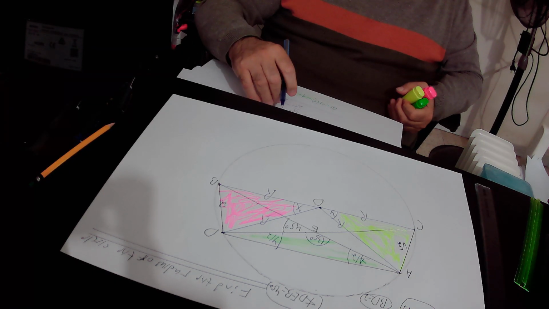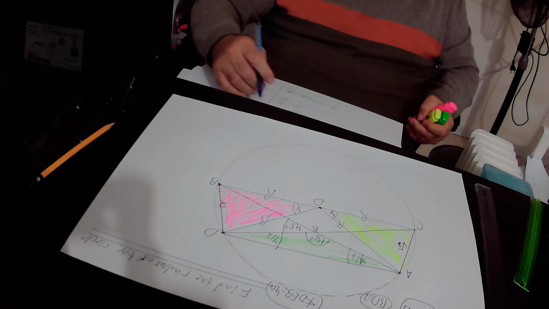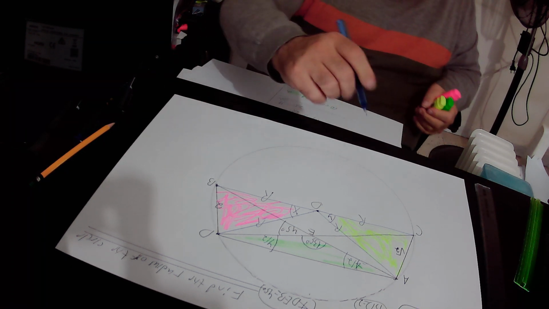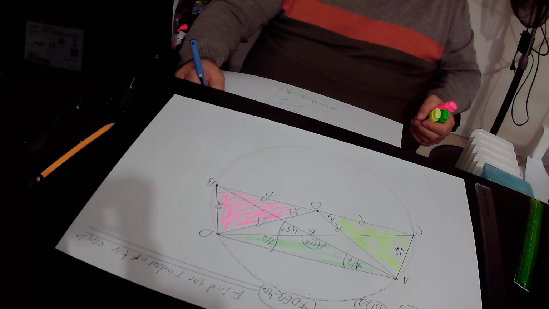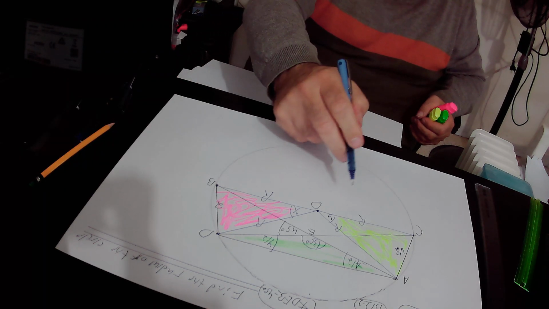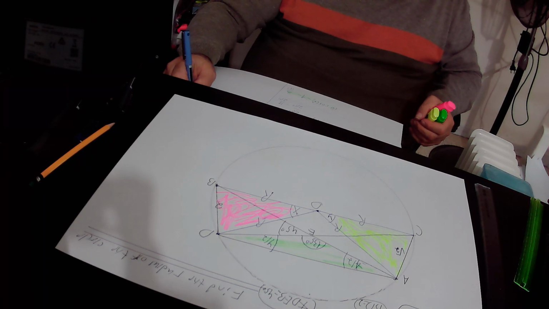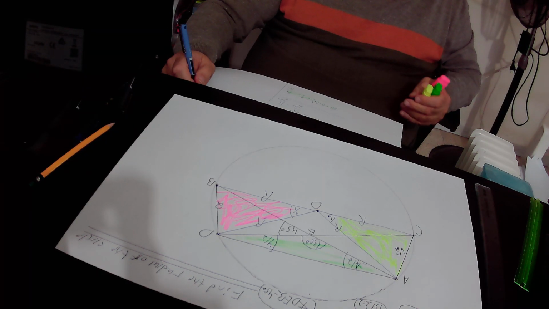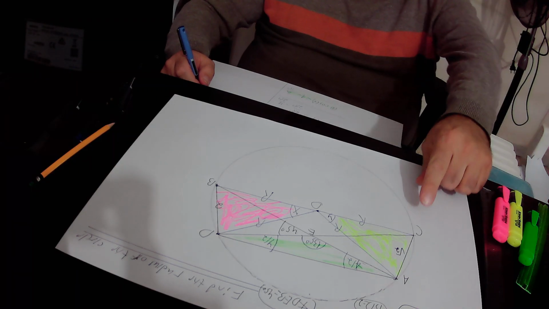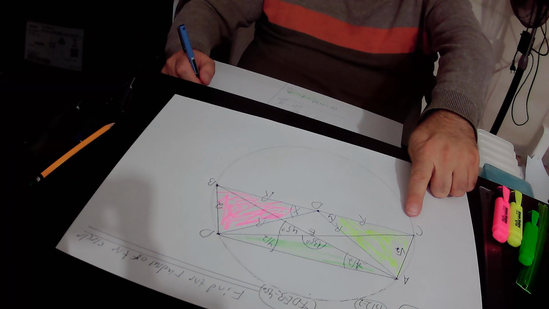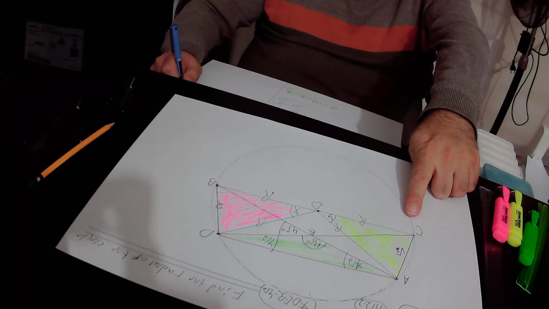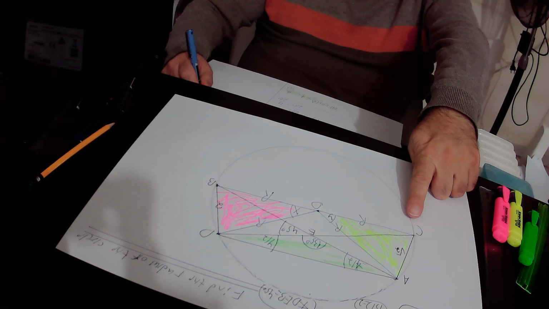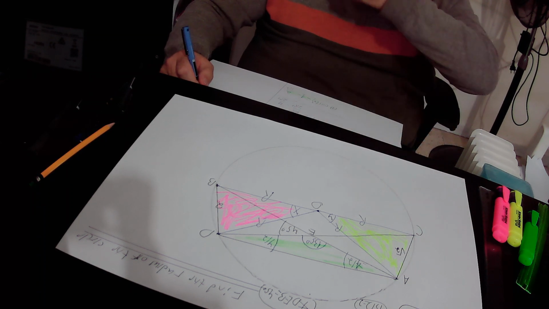We get that according to the law of cosines in the yellow triangle, cosine y equals r squared plus r squared minus AC, which is square root of 2, so it is minus square root of 2 squared, which is 2, over 2 times r times r.